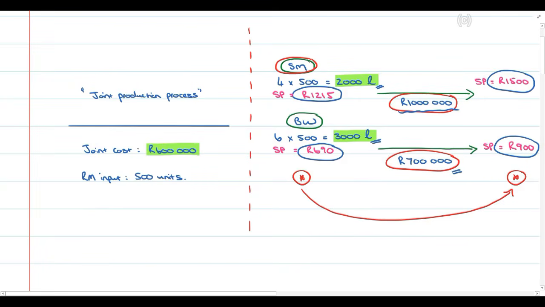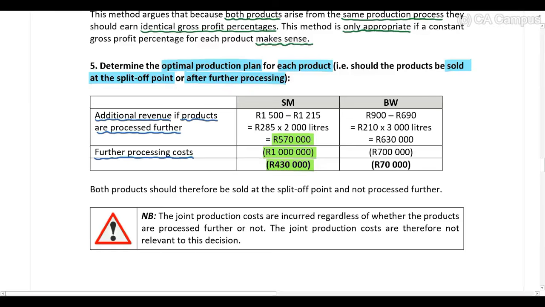Compare that to the further processing costs. So the additional revenue is 630,000. However, the further processing costs are 700,000. So this results in a negative 70,000 Rand. So in other words, the company will be worse off by 70,000 Rand if the product is processed further. So it should not be processed further, it should be sold at the split-off point.